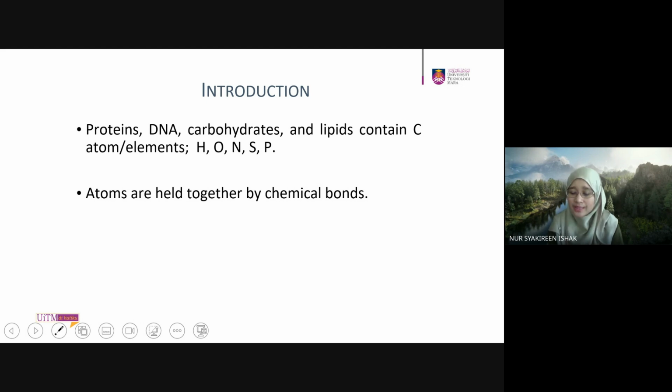Basically all these macromolecules must be composed of carbon, hydrogen, and oxygen. That basic set must be there. For the monomers of nucleic acids, the nucleotides, they have phosphate. The amino acid has nitrogen in the amino group, for example, and some also have sulfur.